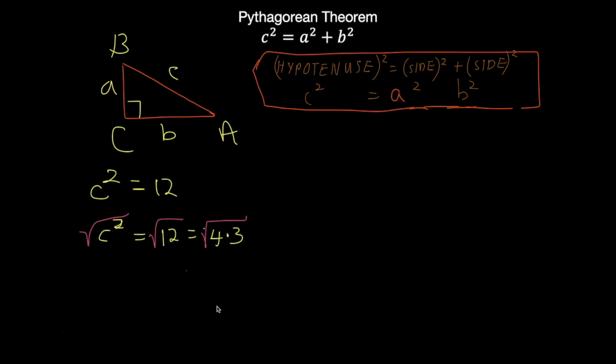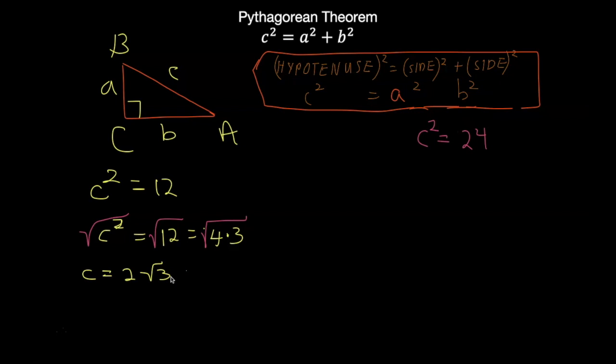Now, you could use 2 times 6, but it's not going to get you anywhere, because neither of those is a perfect square. So when I look at this, I see the square root of 4, and I know that is 2. So I pop out the square root of 4, which is 2, and the radical 3. I can't do anything with that. That's an irrational number.